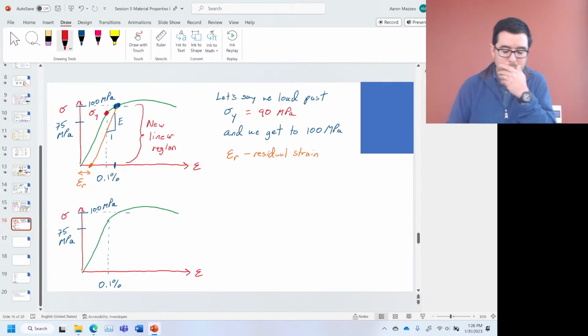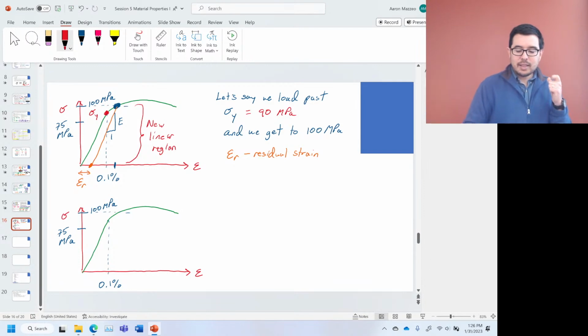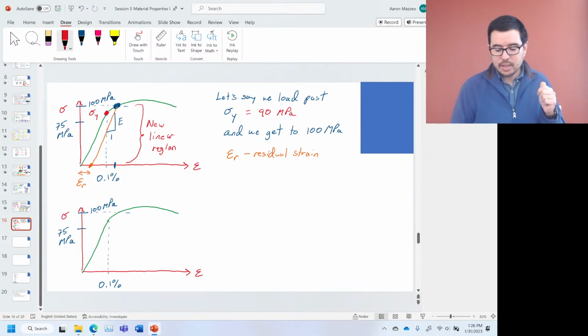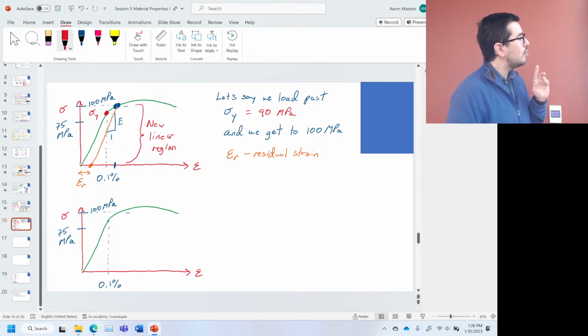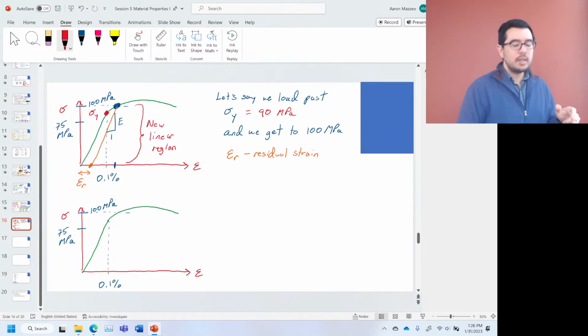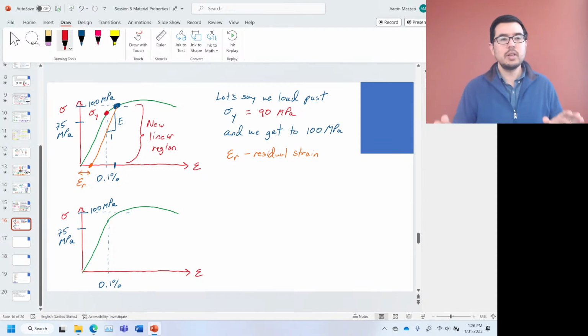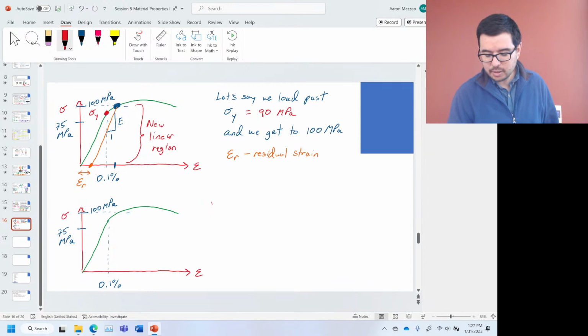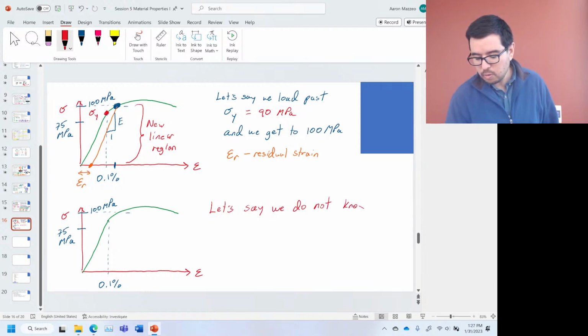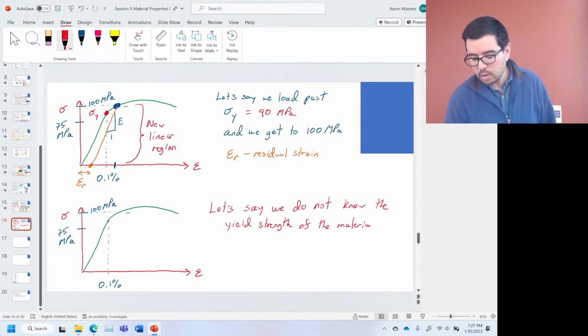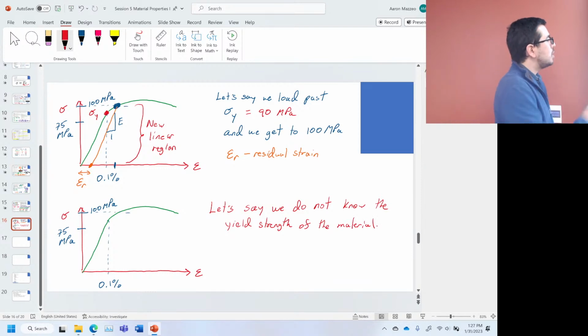Now, let's say that you don't know where the yield strength is. Let's say we do not know the yield strength, but you're given the stress strain curve.